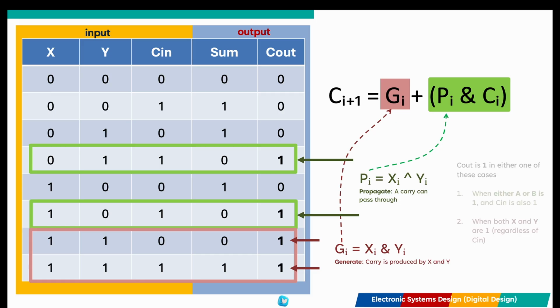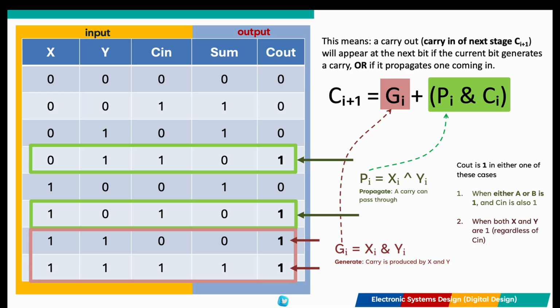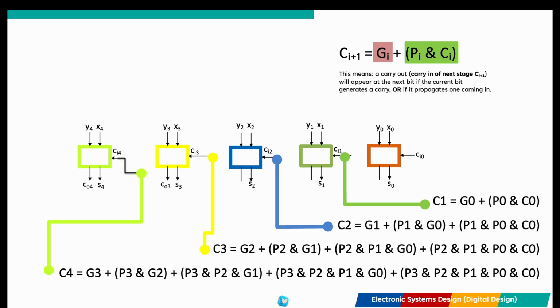Instead of waiting for the neighbor to tell us if a carry is coming, we use these propagate and generate signals to look at all the bits simultaneously and calculate the results instantly. Now let's look at the mathematical model that makes the carry look-ahead adder so fast.